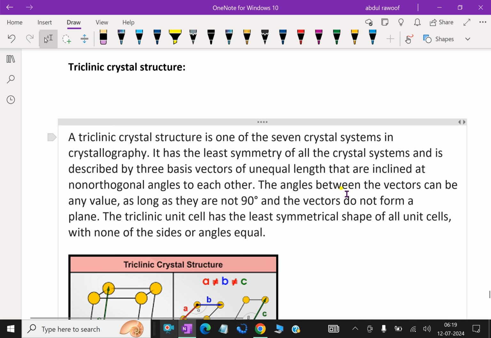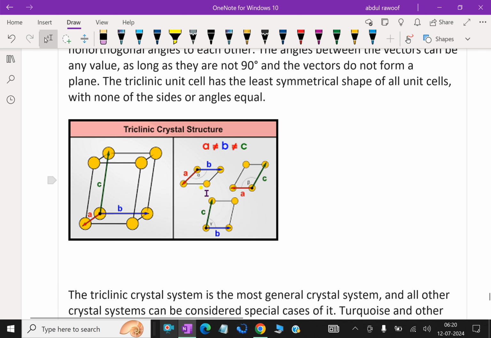The angles between the vectors can be any value as long as they are not 90 degrees. And the vectors do not form a plane. The triclinic unit cell has the least symmetrical shape of all unit cells, with no sides or angles equal. This is the triclinic crystal system.